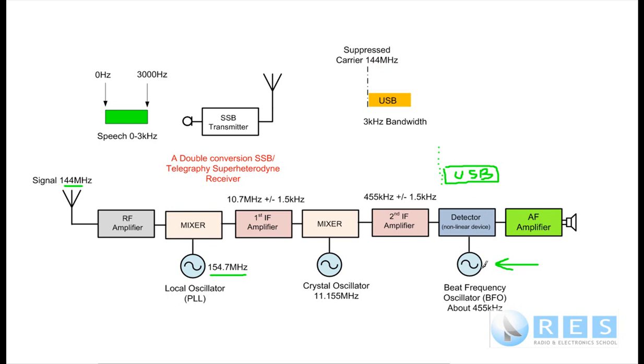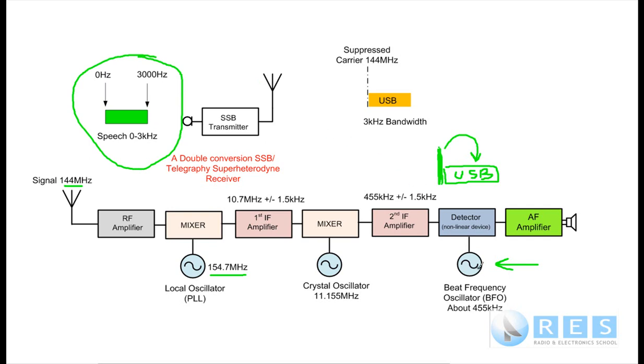So we need to adjust the BFO to be where the carrier would be if it was still there. Then the carrier can mix with the upper sideband, all of the frequencies in the upper sideband, to give us our original audio. And that's all the changes that are required for a single sideband receiver.